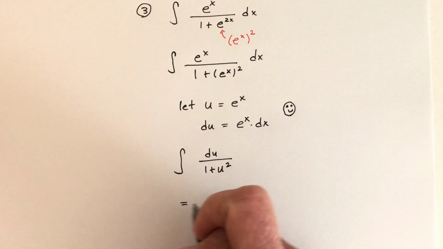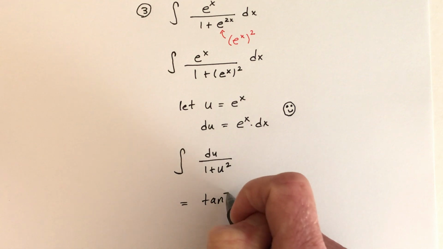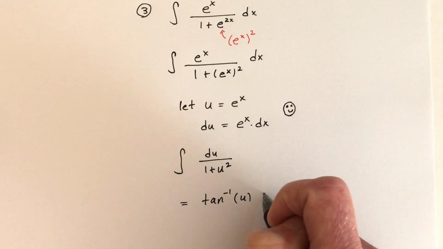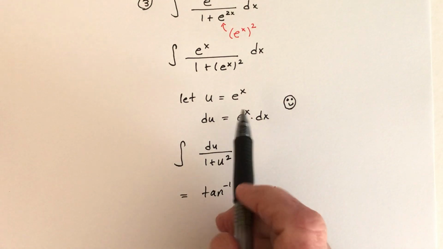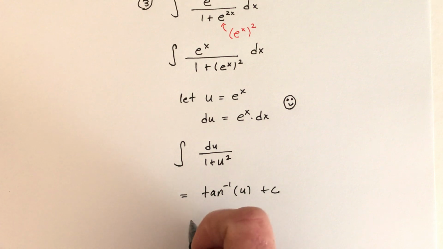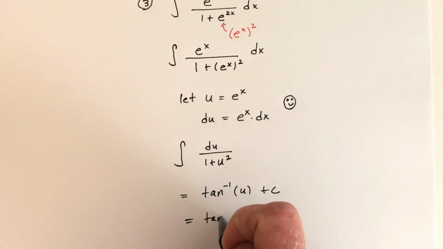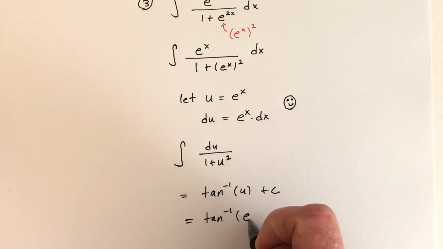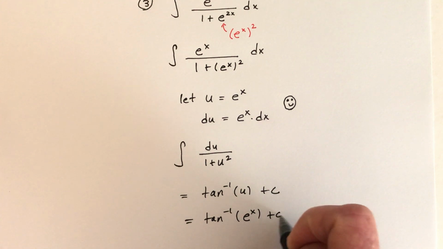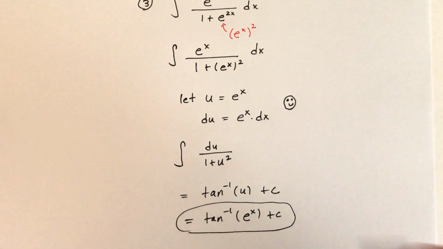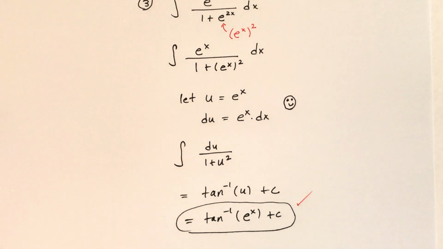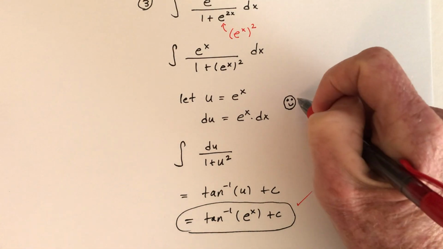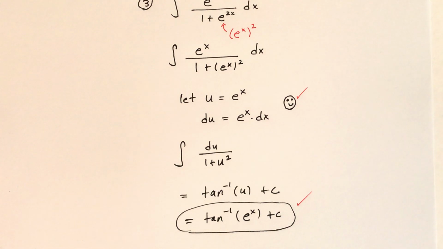So this one is tangent inverse of u plus a c. And like always, then replace the u with the e to the x. So then it's going to be tangent inverse of e to the x plus a c. And then it's done, and it even deserves a red check mark. That is correct. And you too, smiley face, you get a check mark.